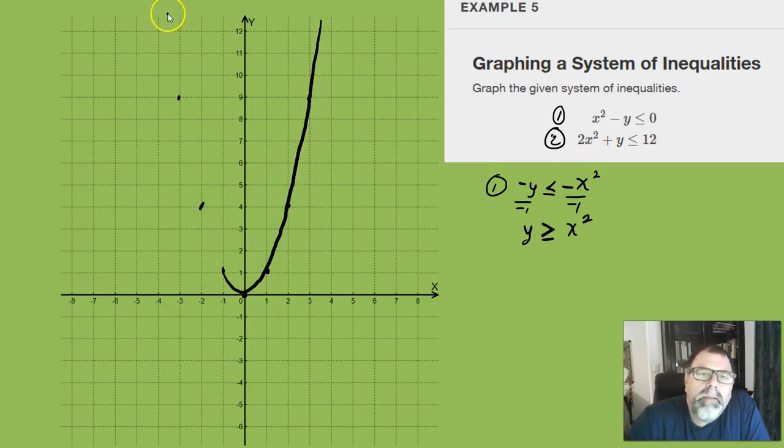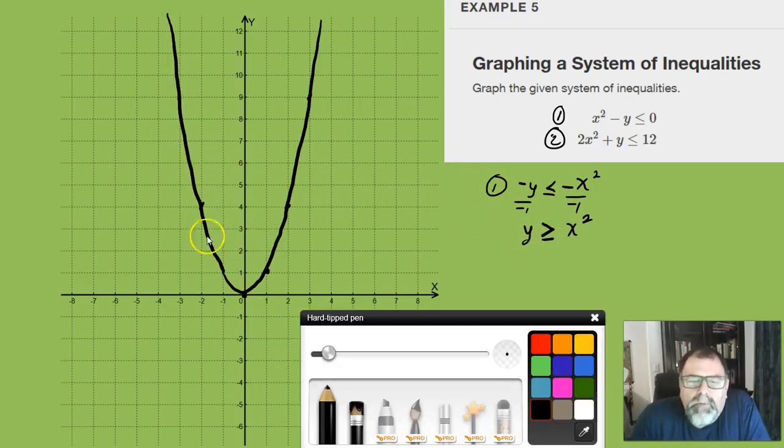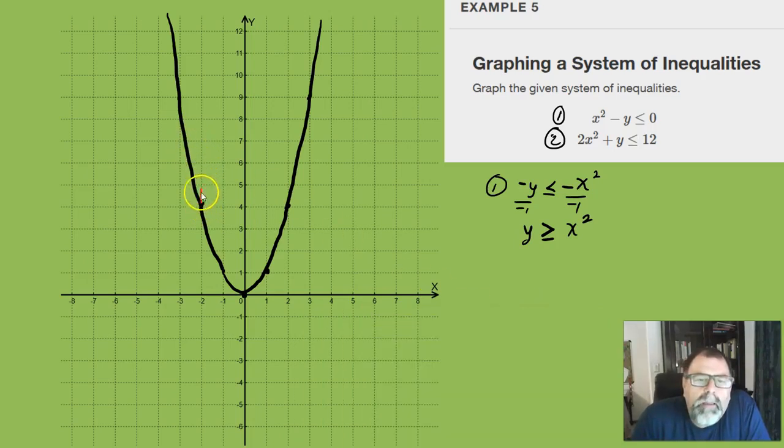Okay, I have it solved for y. I'm not going to do it the way the book mentioned. I'm just going to put a couple of small arrows from the curve going up, because I think of it as inside that parabola. So I do a couple just to remind me. So the first inequality is basically inside this parabola.